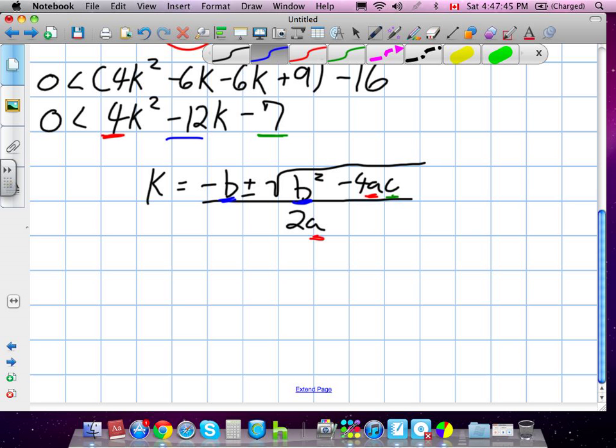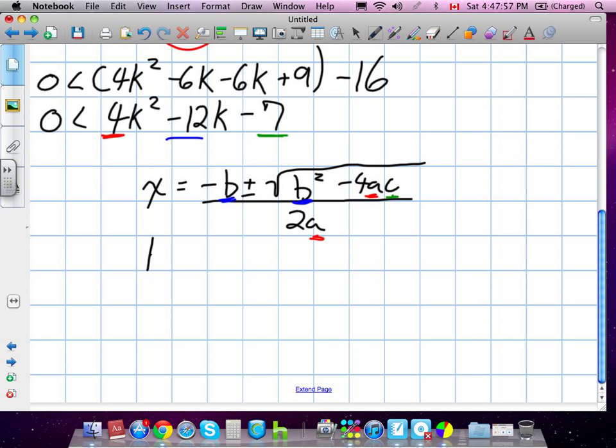The quadratic formula is normally x is equal to something. In this case, we're solving with k, and it's not an equal sign because we know it had to be a number greater than 0. We're looking for k greater than these numbers. So we're going to plug these in for our variables.